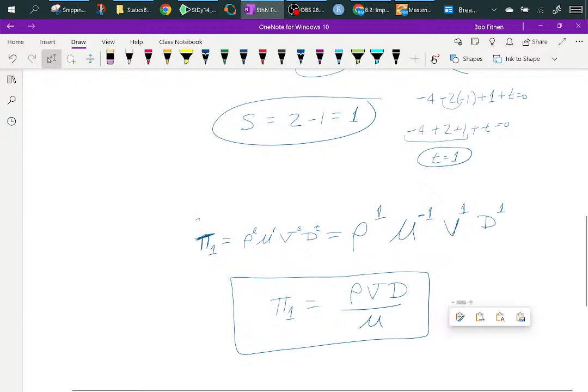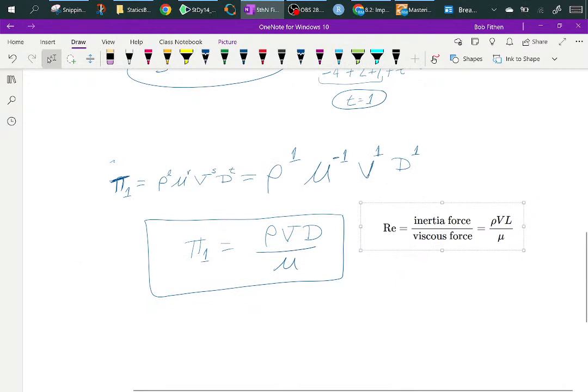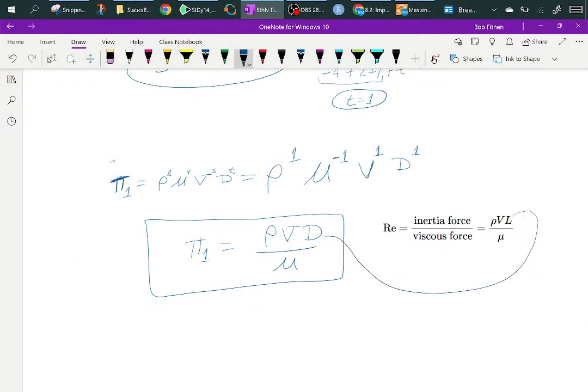Yeah, here. It turns out that was the Reynolds number. So the length is just a length. Okay, so for pipe flow, it turns out that your length is your diameter.